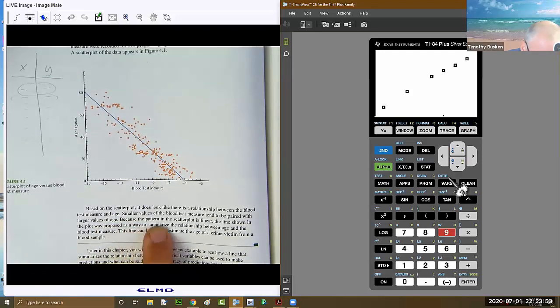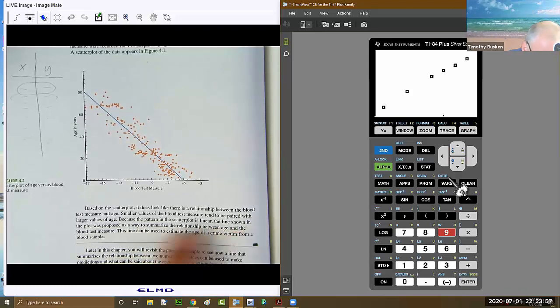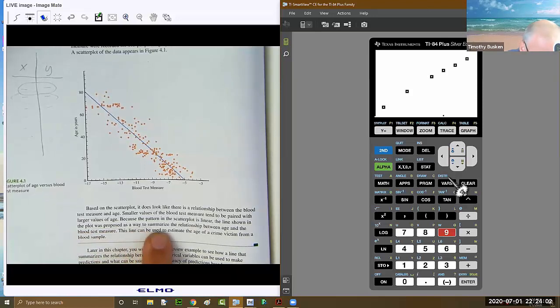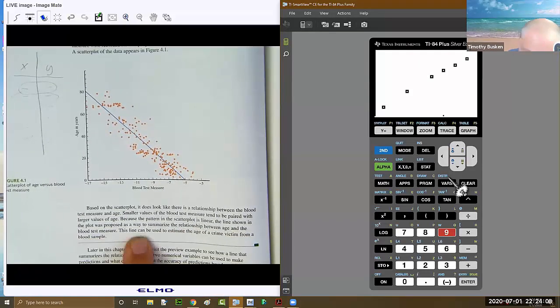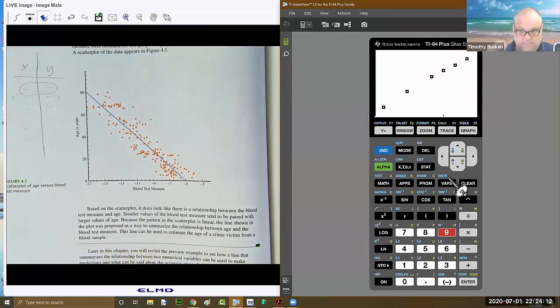Because the pattern in the scatter plot is linear, the line shown in the plot was proposed as a way to summarize or measure the relationship between age and the blood test measure. This line was then used to estimate the age of a crime victim from a blood sample.